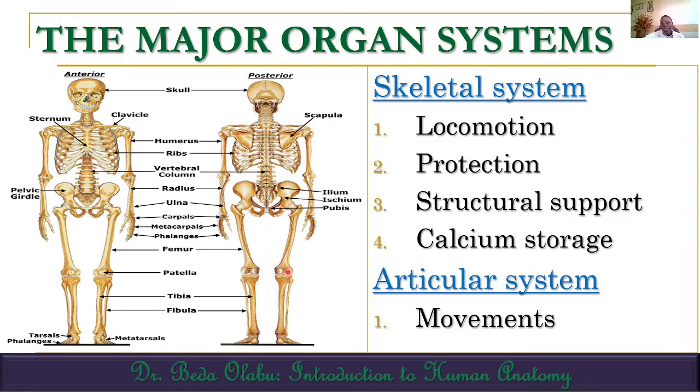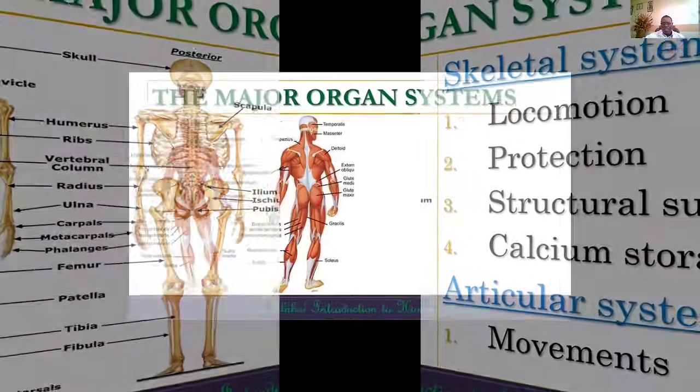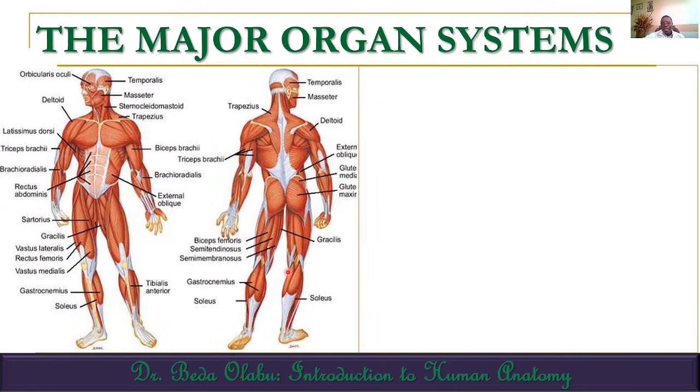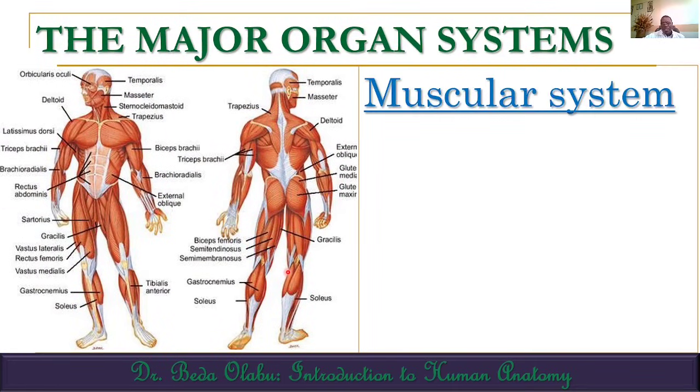So we've named 2 systems so far. Closely related to the skeletal and articular systems is the muscular system. When you talk of the muscular system, we are referring to this system which is largely made up of the skeletal muscles and perhaps their modes of attachment.